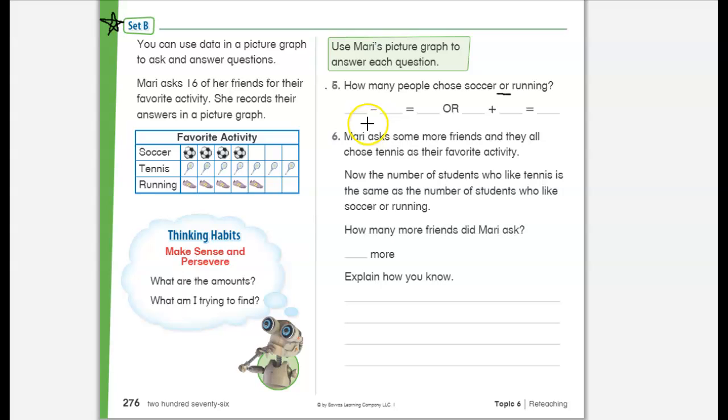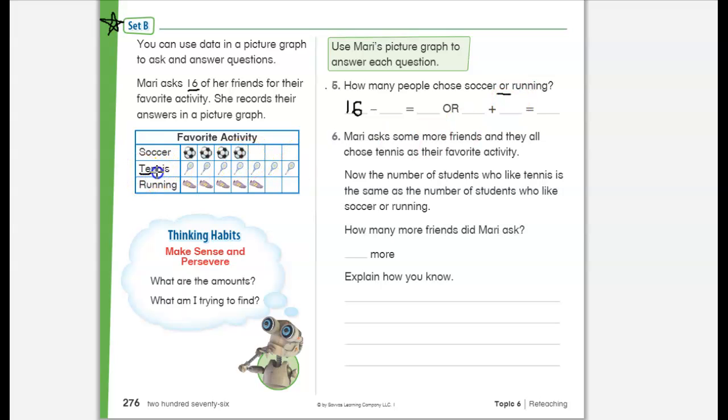Let's begin with subtraction. How many friends were asked total? 16. We are going to take the total number of people that were asked their favorite activity, and we are only talking about soccer or running.